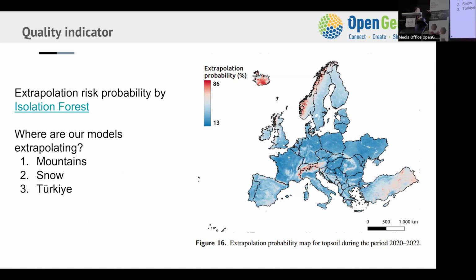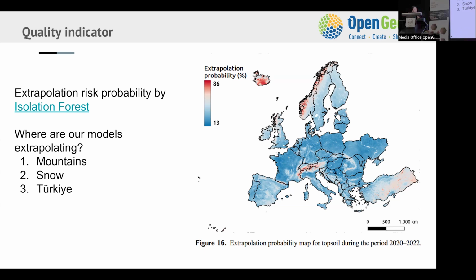The higher the score is, the higher the chance that the model is extrapolating, predicting on some unseen cases. And this map highlights the mountainous areas and snowy areas and also Turkey. That's also expected because we have very limited soil samples from those areas.